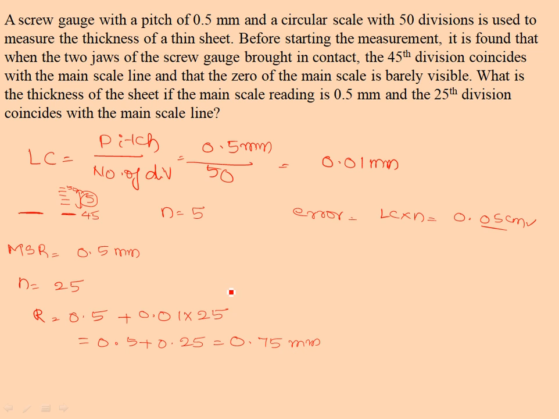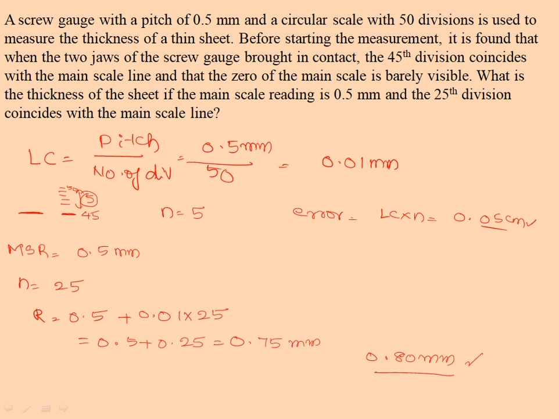The given error is a negative error, so you have to make a positive correction. That means you have to add 0.05 to this, so you will get the answer as 0.80 mm. So this will be your final answer.